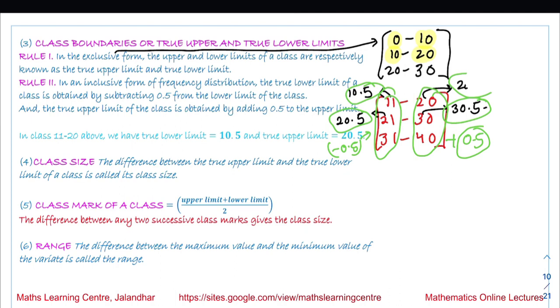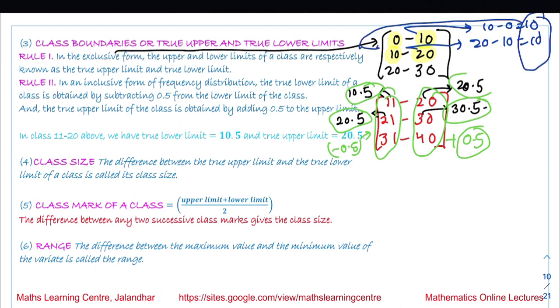Next definition we have is the class size. The difference between the true upper limit and the true lower limit of a class is called the class size. If we calculate the class size over here, it is 10 minus 0 equal to 10. In this case it is 20 minus 10 equal to 10. So the class size is 10.